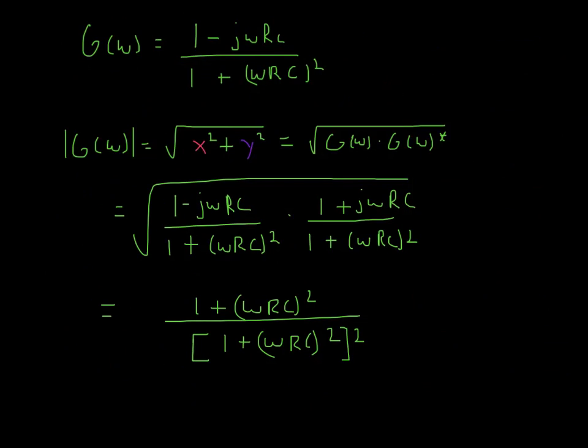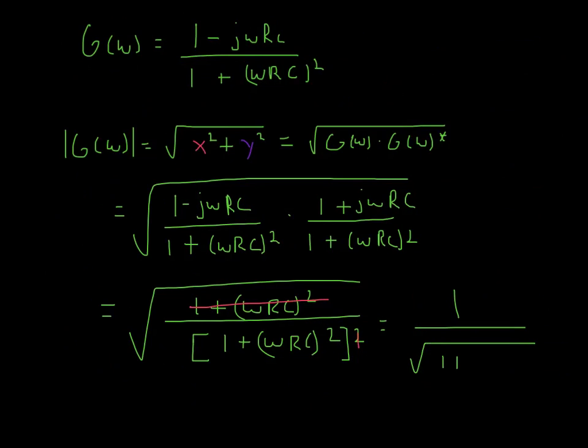We can already see that the top and bottom cancel out. Can we see that this whole thing cancels out with one of those? And so what we're left with is 1 over the square root of 1 plus omega RC squared. Okay, cool. That's our result for the magnitude.